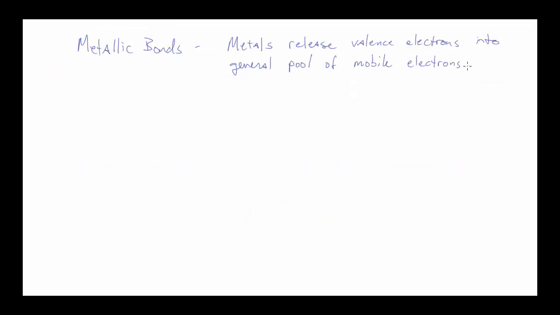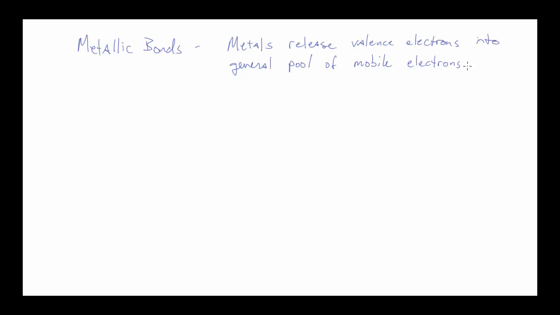The largest difference between a covalent bond, an ionic bond, and a metallic bond is that with metallic bonds, there's not really a bond in the traditional sense of covalent and ionic. The metals actually just release their valence electrons into a general pool of mobile electrons. This mobile pool is often referred to as the sea of electrons.